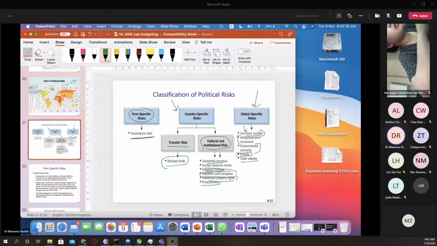Cyber attacks are a new thing going on for the last 10 years. Cyber criminals use technology to get financial assets and other assets from another country. So if your country is frequently affected by cyber terrorism, obviously foreign and multinational companies will not come to your country.